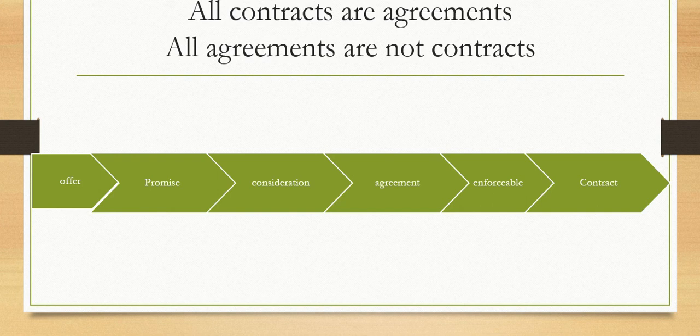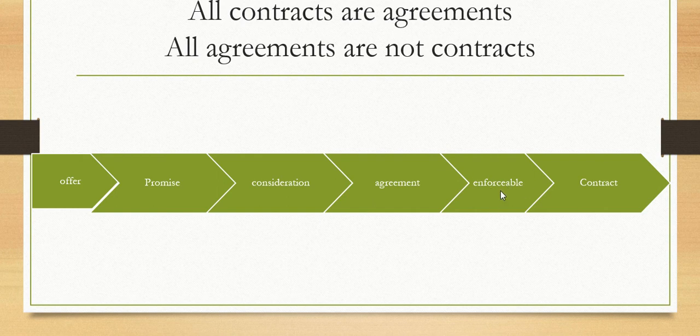When B accepts the offer, it becomes a promise between the parties that B will be paying 1 lakh rupees for buying the property. So what is the consideration in it? 1 lakh rupees. And the agreement is that A and B have agreed to sell and buy the property respectively.